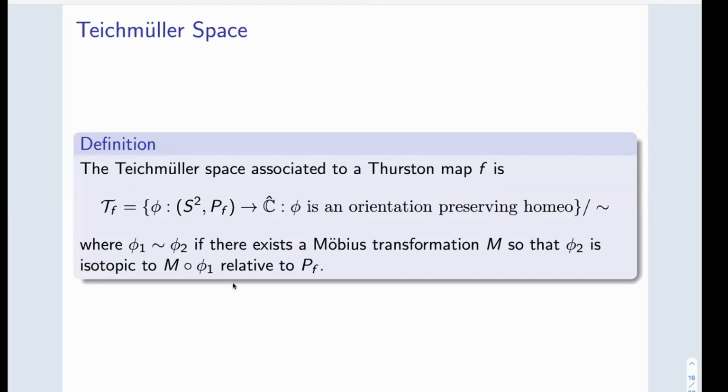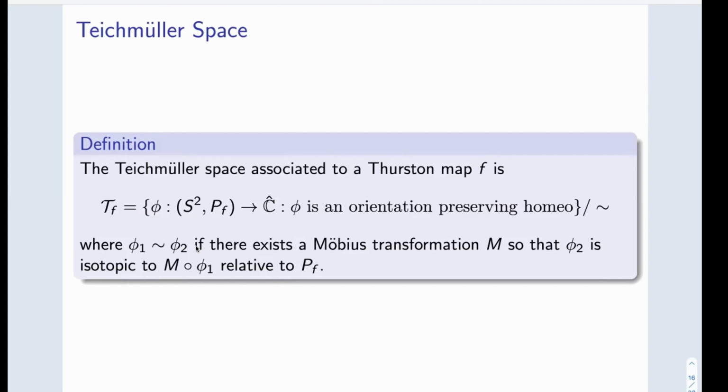So let's briefly recall the definition of Teichmüller space for a sphere. The Teichmüller space that we associate to a Thurston map is going to be the space of all orientation preserving homeomorphisms phi that send our marked sphere to some standard identification of the Riemann sphere, quotiented by Möbius transformations.